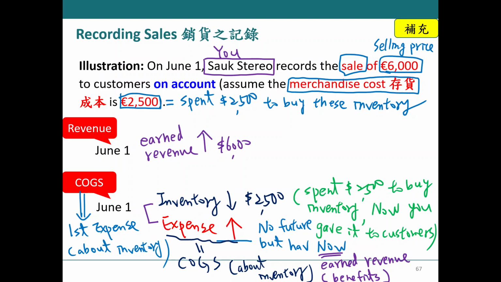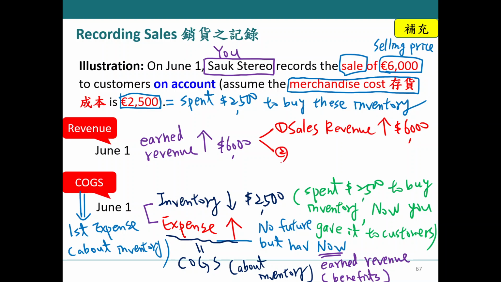Okay, then how about revenues? You will earn the revenues, right? Give me two effects about revenues. First, you earn the revenue. Revenue increases, right? Which account do we use? Service revenue or sales revenue? Sales revenue, right? Because we sell the products. So you have to say, okay, my sales revenue increases $6,000. So what's the next?